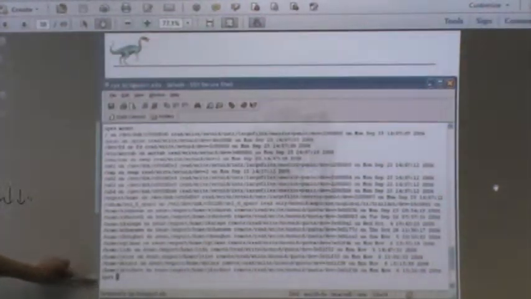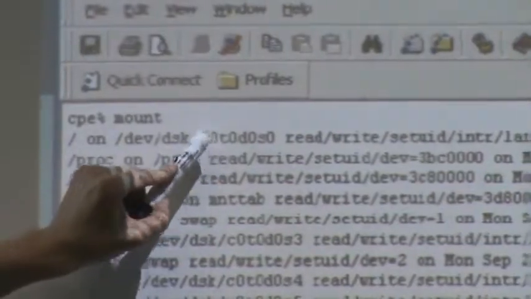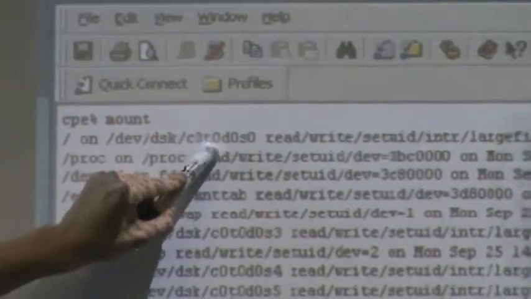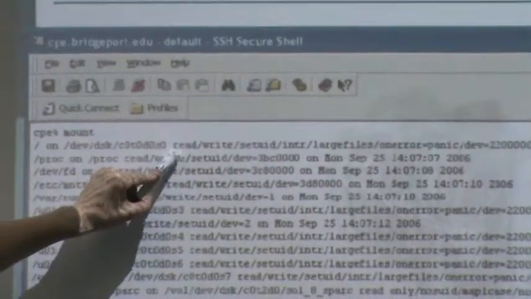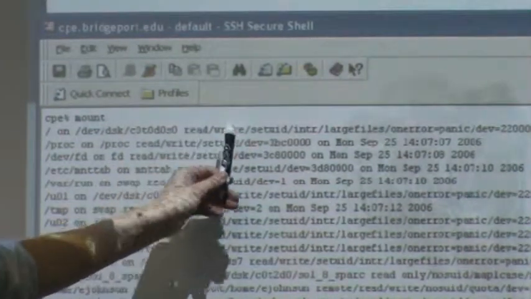so this is an example of the mounted. There are so many in this example. Even root is mounted on the device disk, the cylinder number 0, track number 0, and so on. This is mounted. Option is read write.